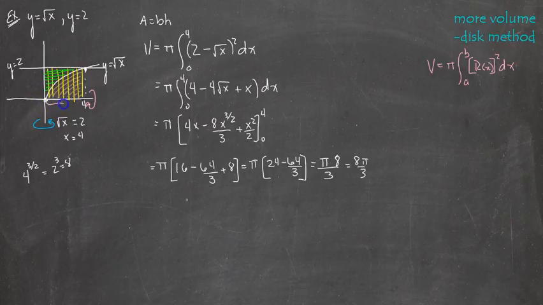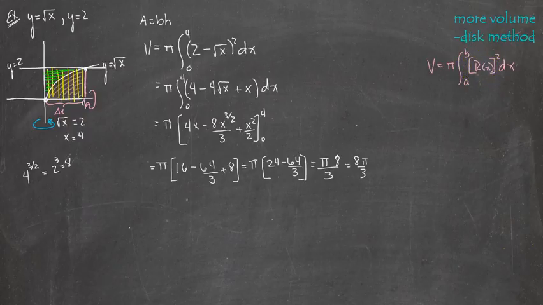Notice that on the rotation around the x-axis, the sum of my delta x's is my base. So from a to b, dx is my interval of integration on the x-axis, leaving my height, my radius, to be my radius function squared.